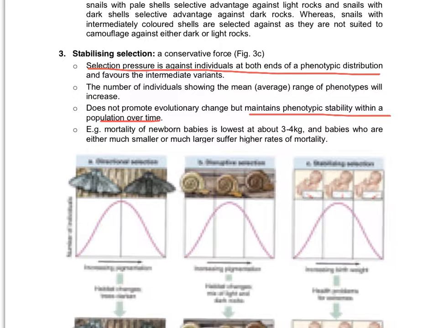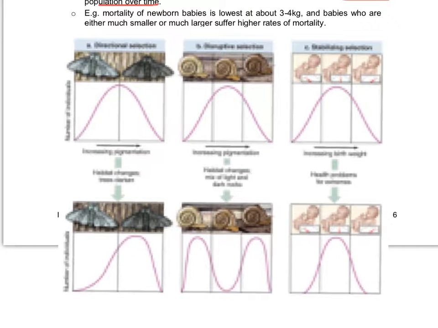Babies who are very light or very heavy actually suffer medical complications, and therefore the mortality is higher. So in this instance, the selection pressure is against individuals at either end, those that are very light or very heavy, and individuals in the middle range are selected for.